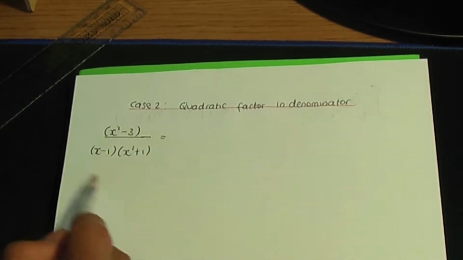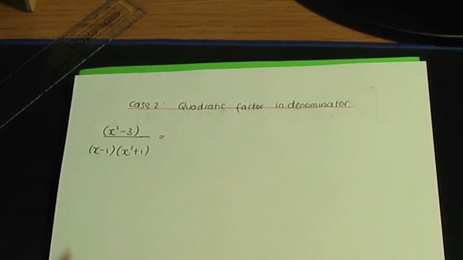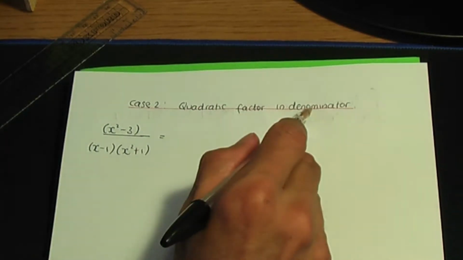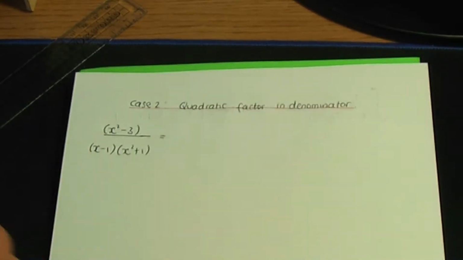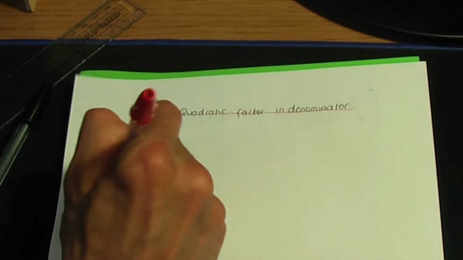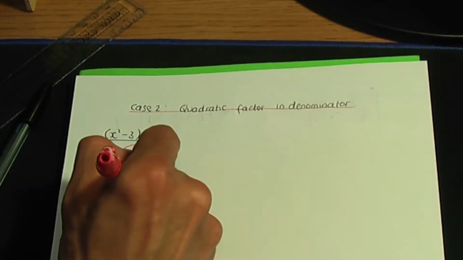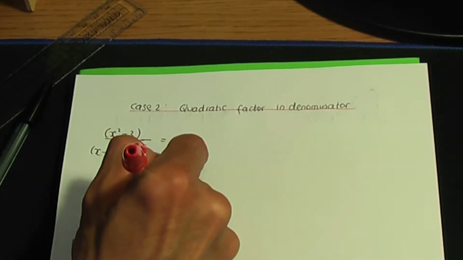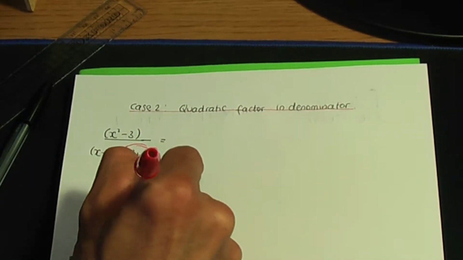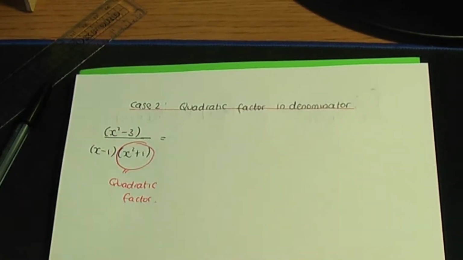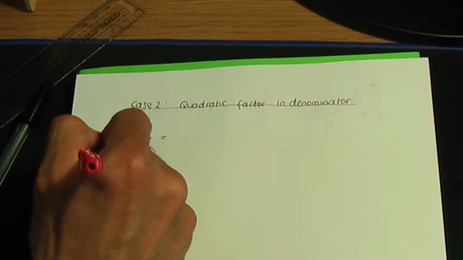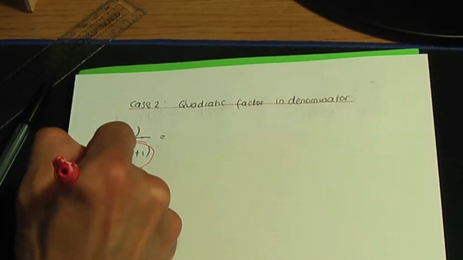So we can apply partial fractions. But in this particular case I have a quadratic factor. x squared plus 1 is our quadratic factor, and the remaining term is a linear.